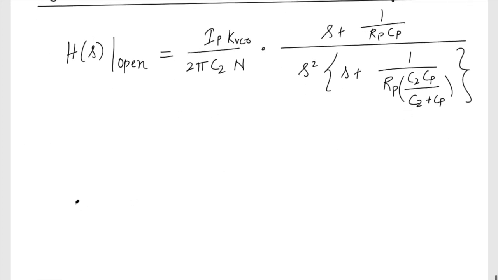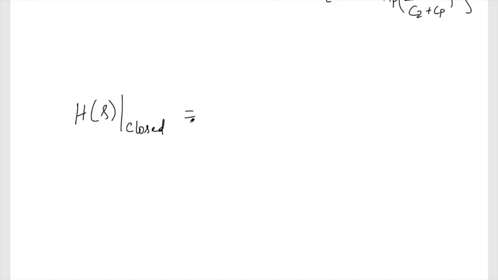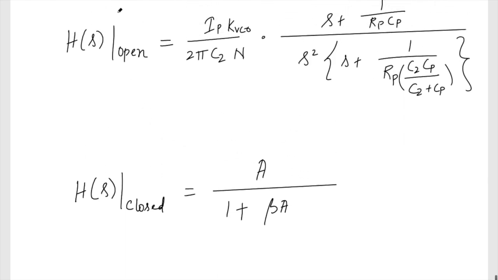To find the closed loop response, H S closed, we know that in a simple feedback circuit it is A over 1 plus beta into A. Whatever open loop gain we have calculated is nothing but beta into A. If I want to get A, I just need to divide by beta.